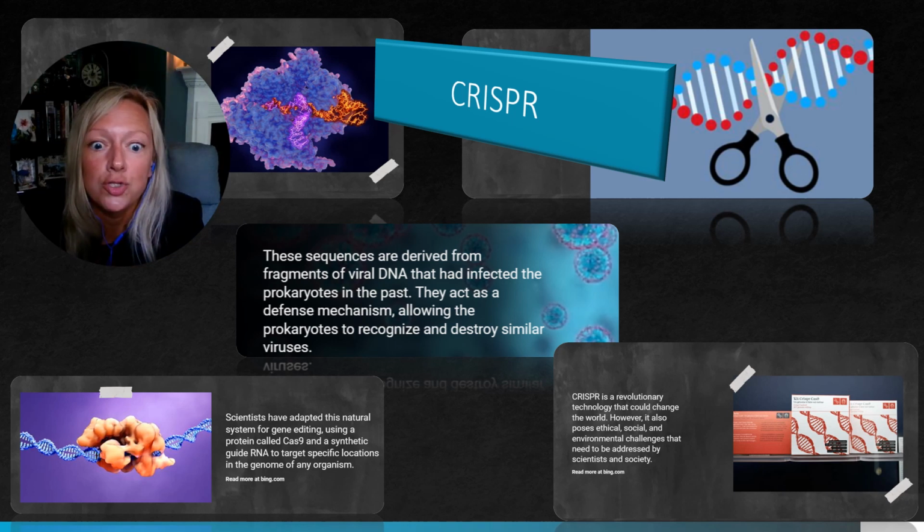It's altering the DNA in this way that scientists have adapted for a revolutionary technology. It also poses ethical, social, and environmental challenges, unfortunately. So this does need to be addressed further, but this is another treatment option for sickle cell disease.